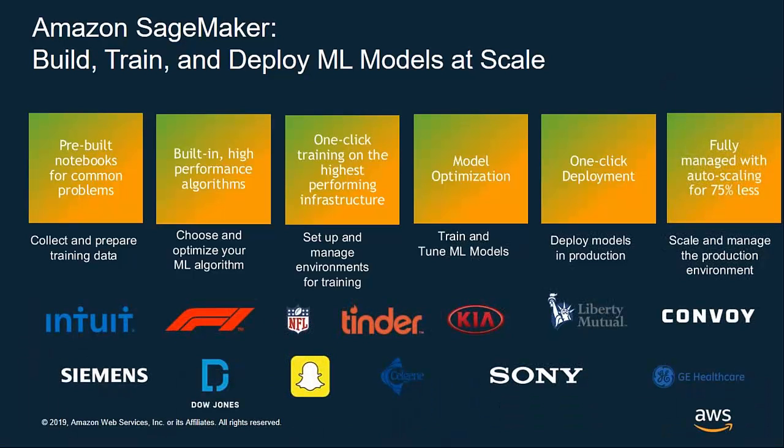And we also have several managed options for managing your infrastructure. So we have auto scaling that you can apply so that your hosted endpoints can serve traffic and can manage the ebbs and flow of traffic in production. And as you can see, we have several key customers using SageMaker in production today.